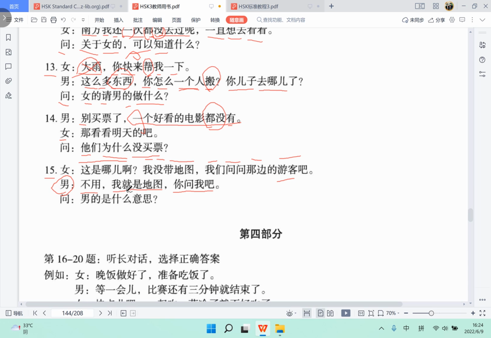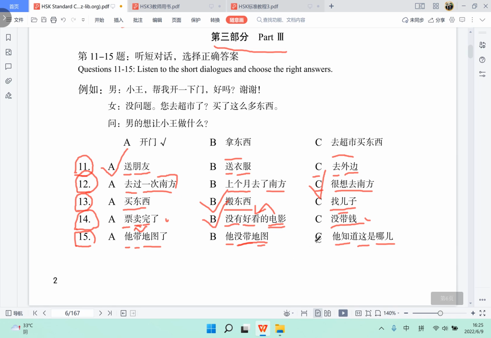So 就 is added here to emphasize the objective reality, right? So 你问我吧, you ask me. And the question: 男的是什么意思? What does the man mean, right? So he means he knows where here is. He's just the map. He's a live map, right?